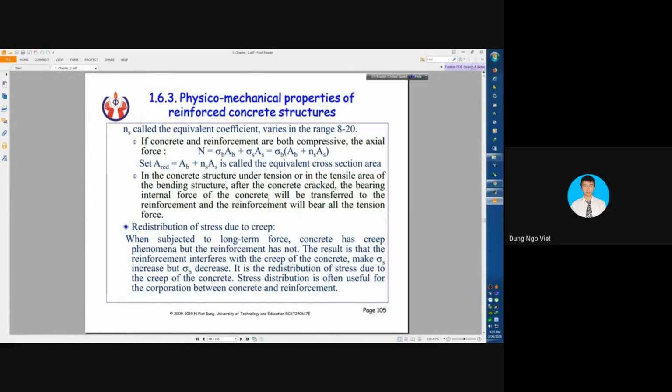The result is that the reinforcement interferes with the creep of the concrete and makes the steel stress increase, but the concrete stress decrease, and this is the distribution of stress due to the creep of the concrete. So the stress distribution is often useful for understanding the cooperation between concrete and reinforcement.